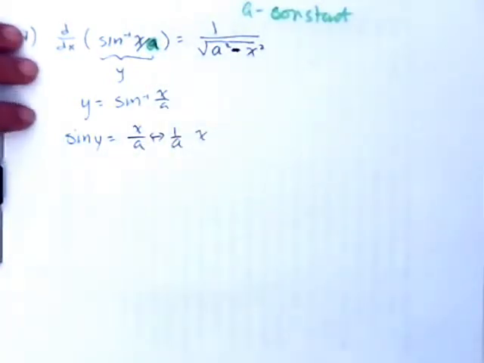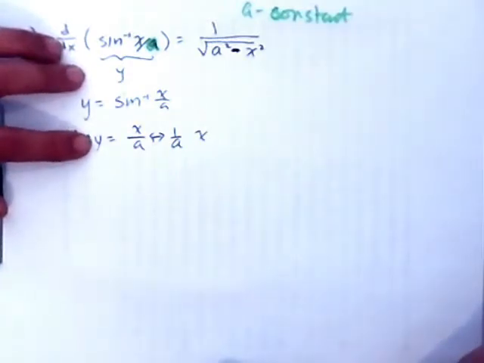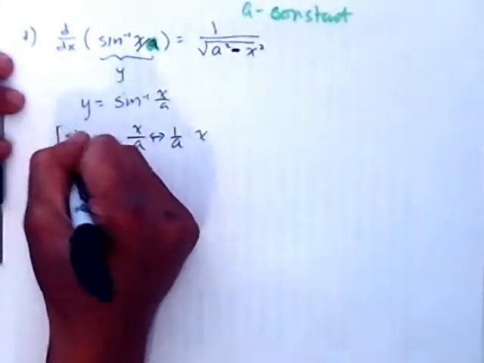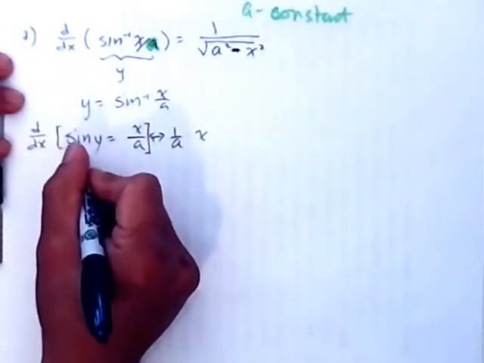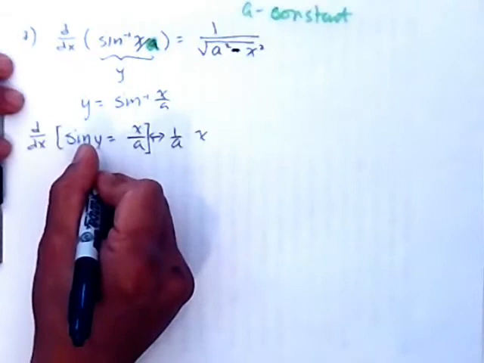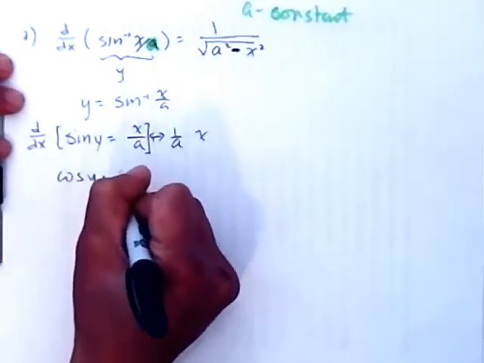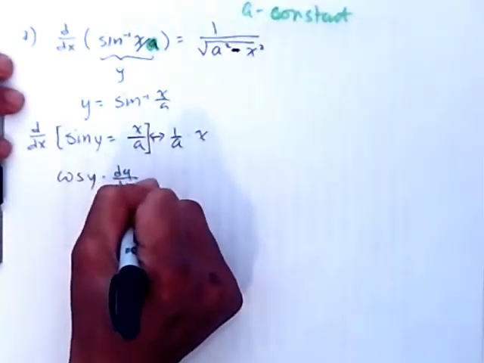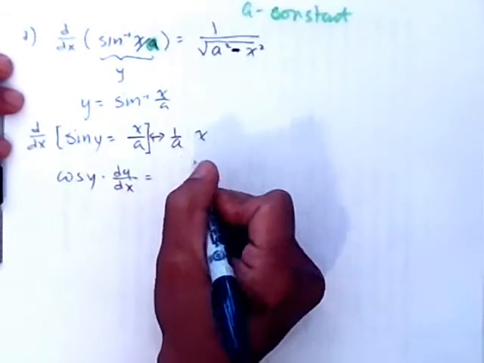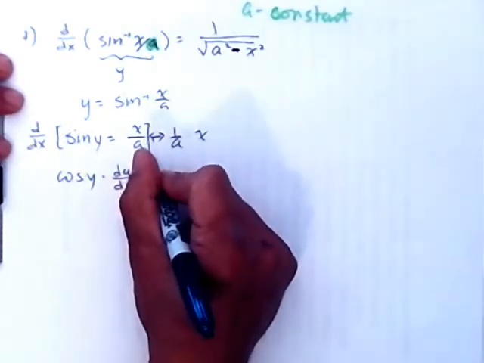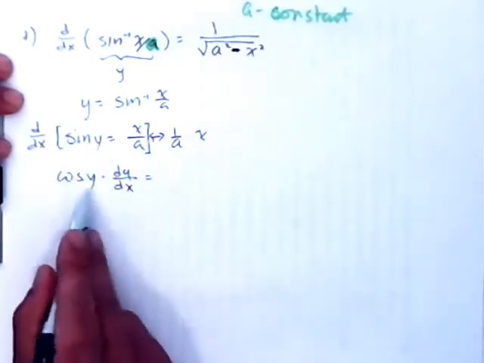Now we take the derivative of this. The derivative of the sine of that angle is equal to the cosine of y times dy dx, which is equal to, at this stage, you could have done it this way.